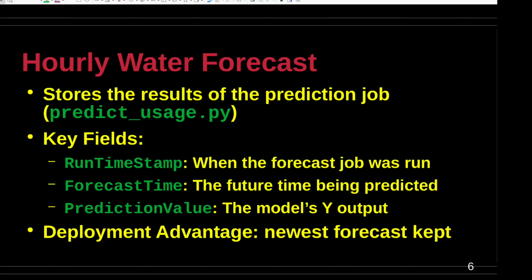If the script runs twice, the second run simply updates the existing forecast, ensuring that we always have the freshest data without creating duplicate records.